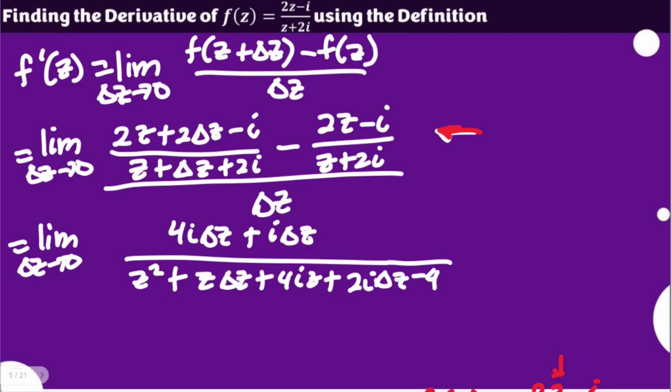But take note again, that's just the numerator. We still have here over delta z.